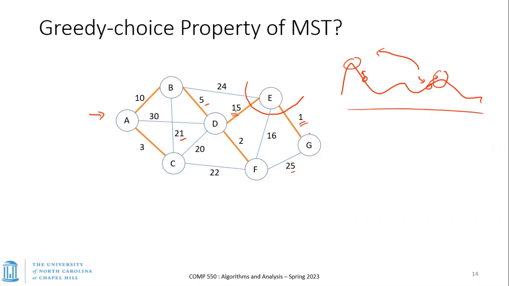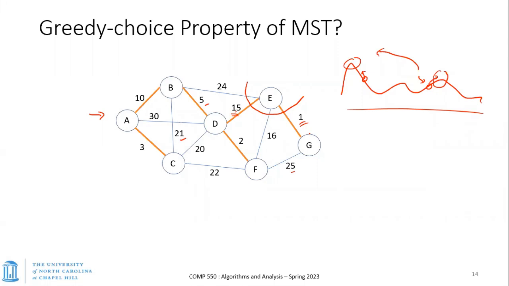We're just making a statement about the least cost edge, and we're saying that is going to be part of the MST. So in a sense, the greedy choice can be rephrased as: if you pick the edge which is the least cost, then that will be part of the MST. Then we can expand on that concept.